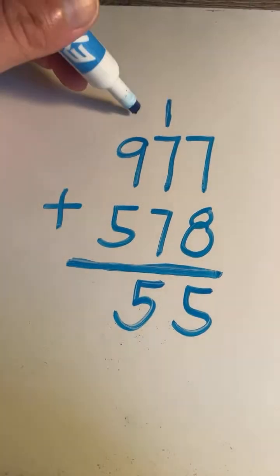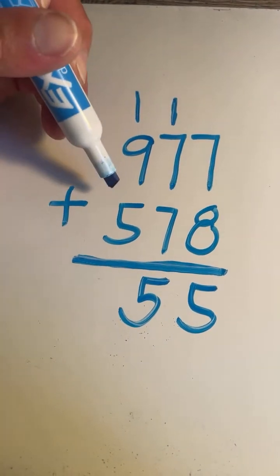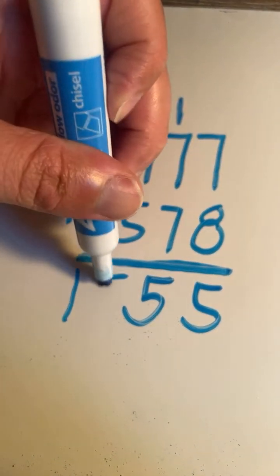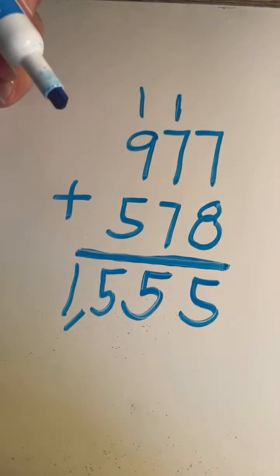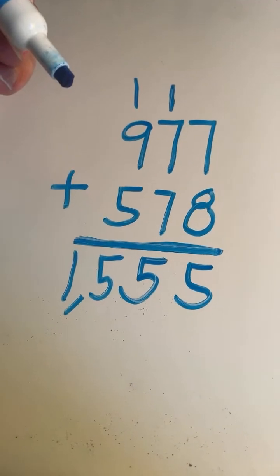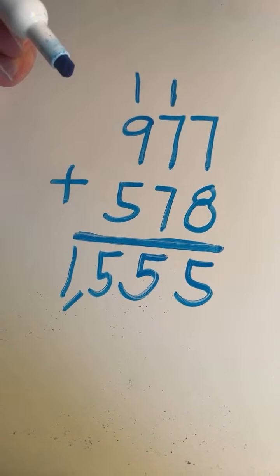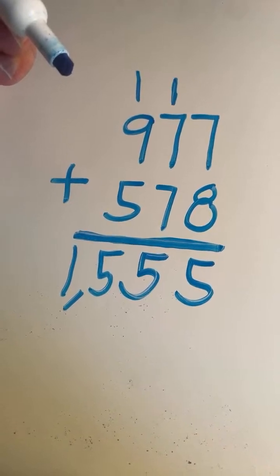Again, 5, carry the 1. 9 plus 5 equals 14. Again, plus 1 equals 15. Coincidence, it worked out that way. And we have our final answer. 977 plus 578 equals 1,555.